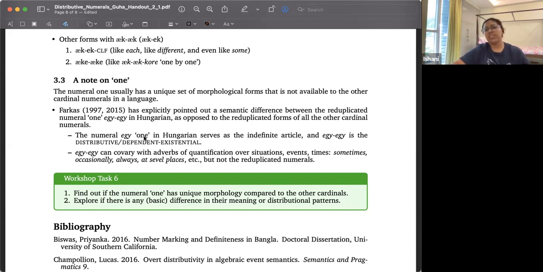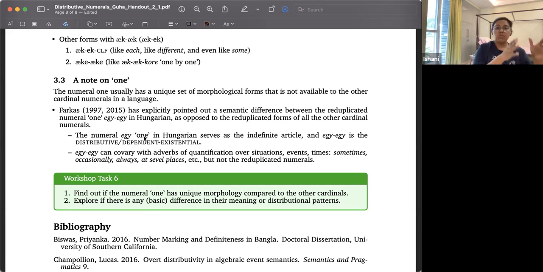Okay, and it distributes over things like sometimes, occasionally, always, at several places, which Farkas notes are things that 2, 2 or 3, 3 cannot distribute over. So she makes a clear distinction between two kinds of distributive or, as she calls them, dependent indefinites.